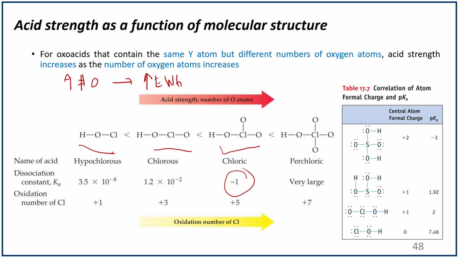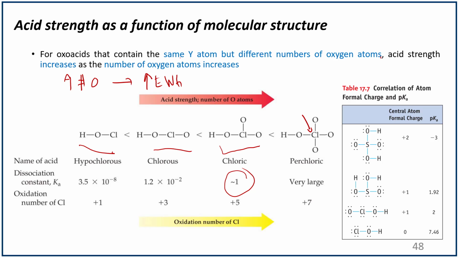And perchloric acid has a very large Ka value that, again, is considered to be a strong acid. In fact, according to this one, it is even stronger than chloric acid, which itself is a strong acid. Okay, so some people tend to look at this from the point of view of central atoms and their formal charges.